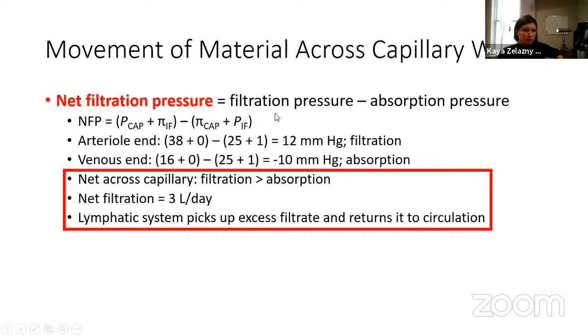Here's just our equation again, the total filtration pressure, absorption pressure. This is actually the exact same slide, but we've circled this net portion, right? So this is telling us that our net movement of fluid from the blood into the tissues is filtration. We make up for it through the lymphatics.